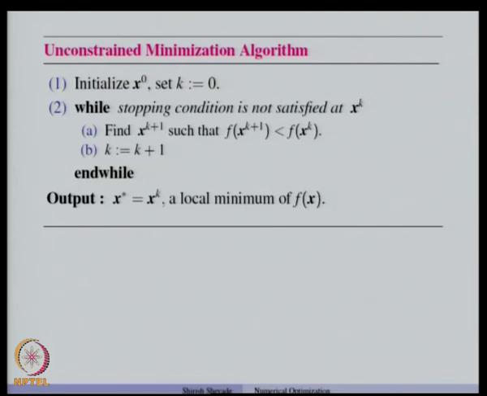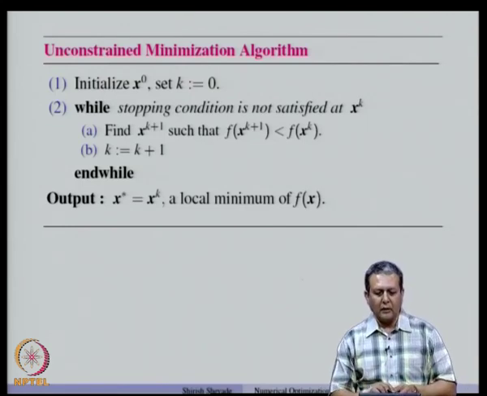So, these are necessary conditions, and the second order sufficient conditions are that if at a particular point x star the gradient of the function vanishes and the Hessian at that x star is positive definite, then x star is a strict local minimum.